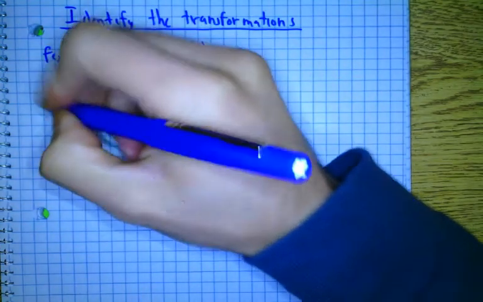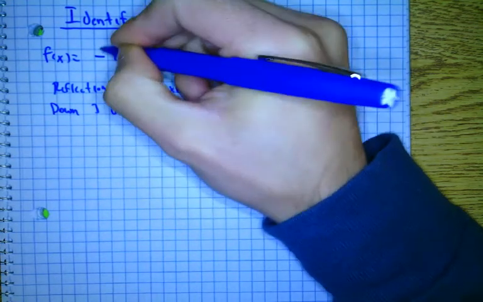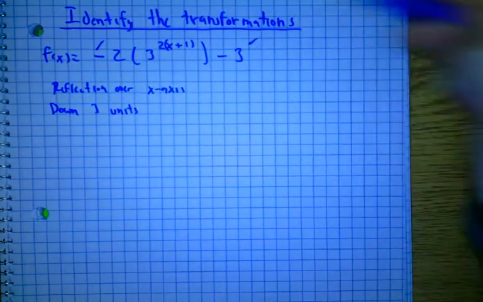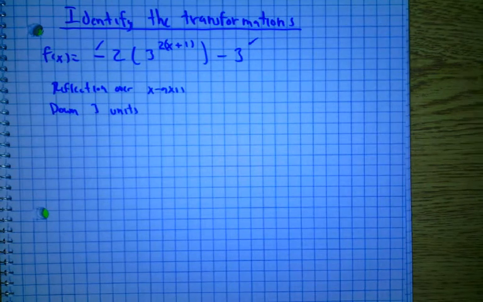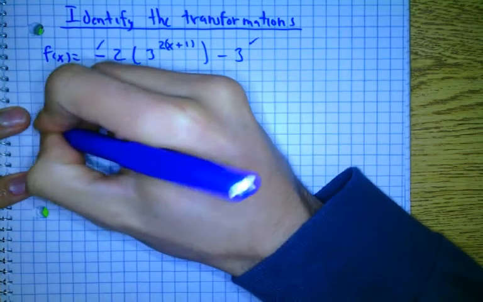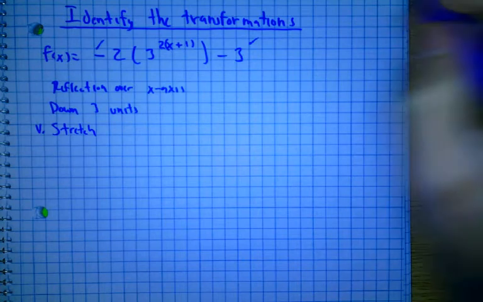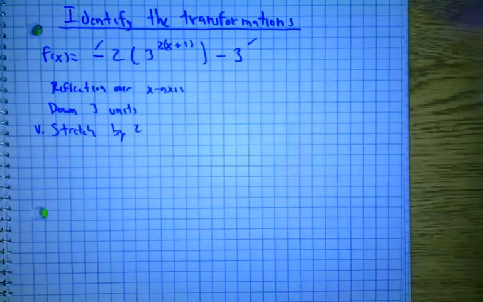Okay, so basically that's taken care of. What else? Stretch vertically. Is that what you said? Okay, stretched. So vertically stretched by how much? By 2. Okay? What else? So that's taken care of.